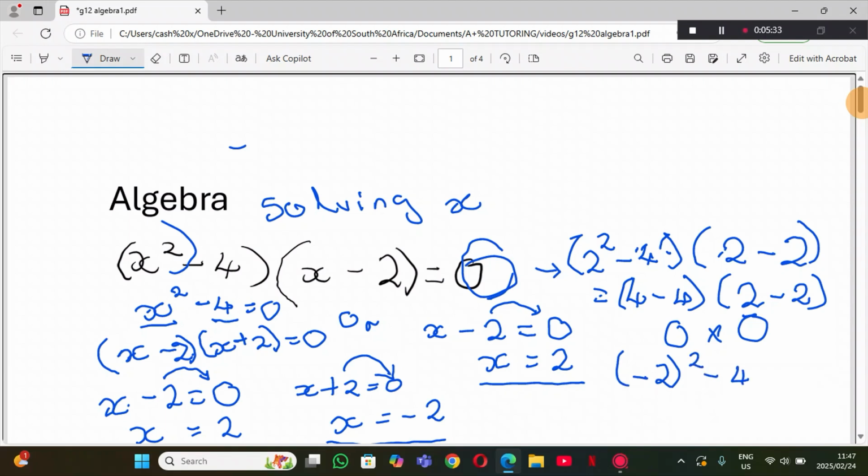Any number, once you square it, becomes positive, meaning it becomes 4 minus 4, which gives us a 0 for the first bracket. And then the second bracket, we have minus 2, which would give us minus 4. But because we already have a 0 in the first bracket, it multiplies with everything and gives us a 0.